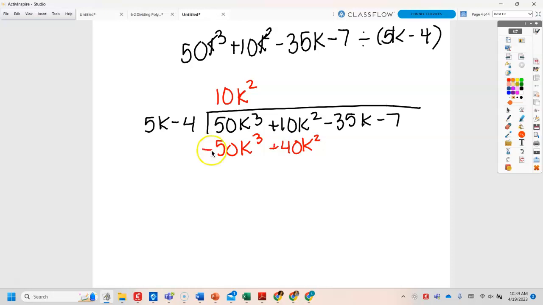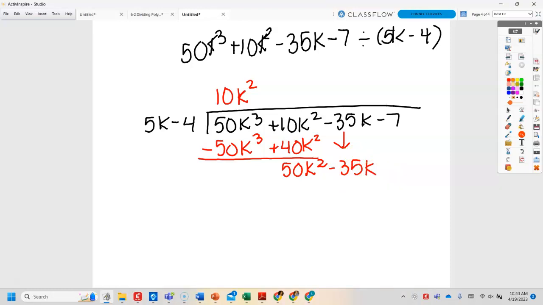Change it to a minus and a positive. Combine like terms. 50 minus 50 is 0. 10 plus 40 becomes 50. Bring down the 35.